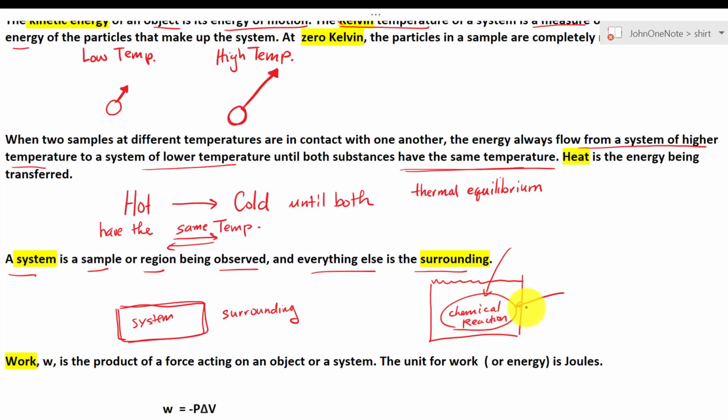This chemical reaction is going to be the system, and the water would be the surrounding. Of course, this is a simplified version of understanding a chemical reaction happening in a solvent. In most cases, the substance will be dispersed throughout the solvent. We have a solution, and the reaction just happens in the solution.